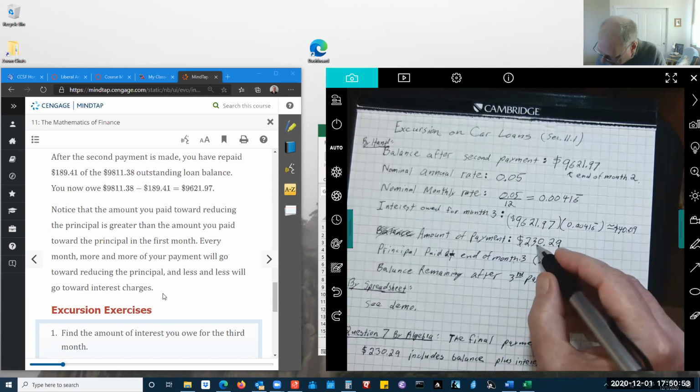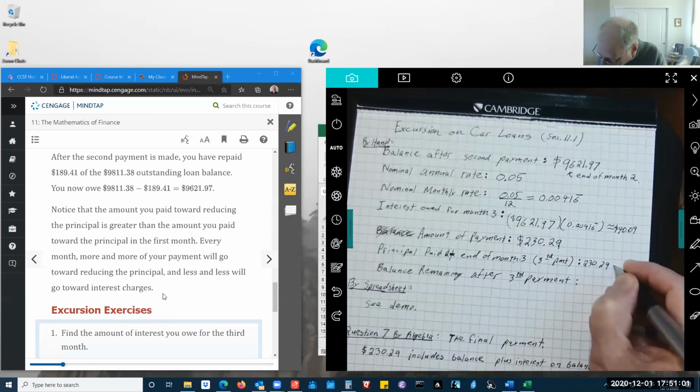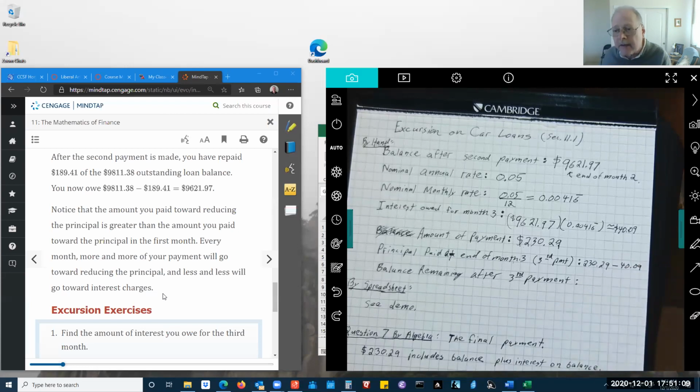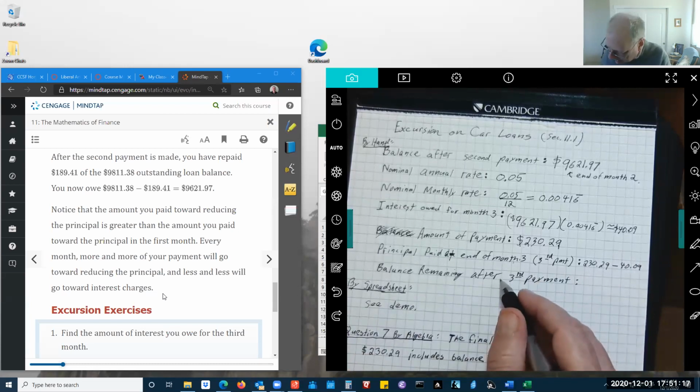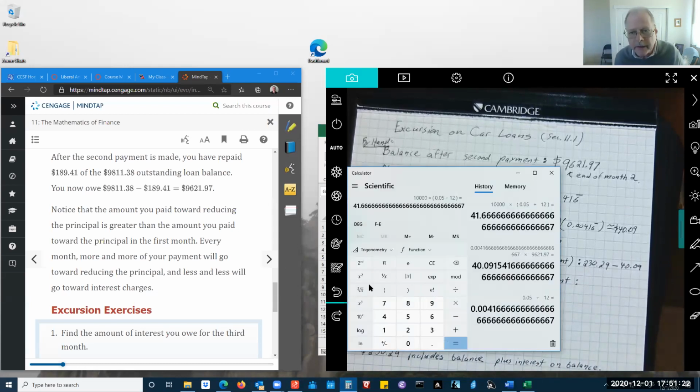Okay, you take your 230.29 and you subtract. Some of that payment was interest. You subtract and you get whatever you get. So let me get my calculator over here.